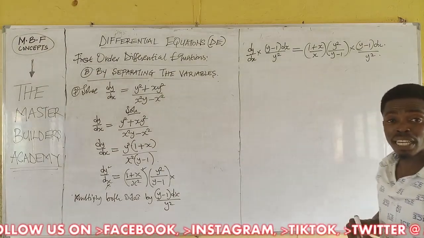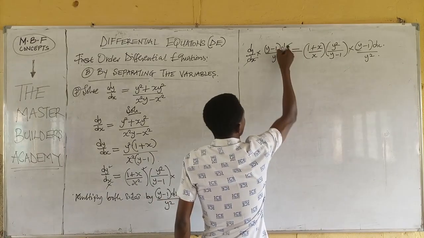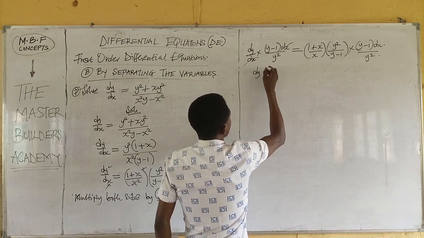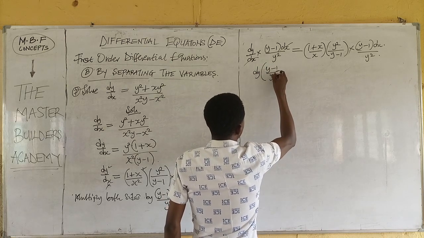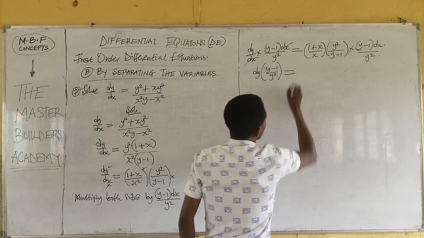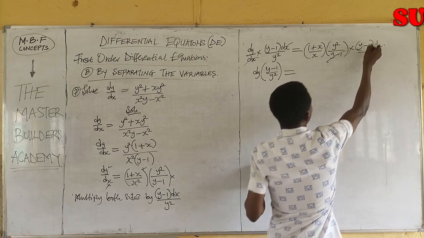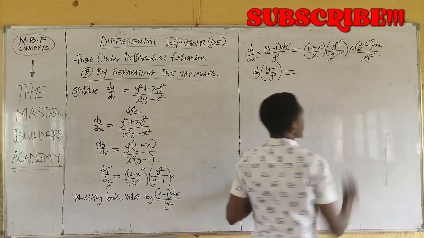Now the next thing we are quickly going to do, guys, is to cancel out. So this, we take care of this, and we are going to be having dy into (y minus 1) over y squared is equal to, now at the right hand side, this will take care of this, and this we also take care of this.